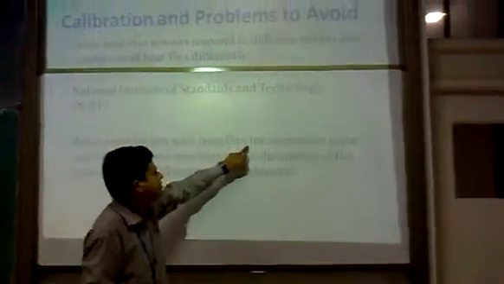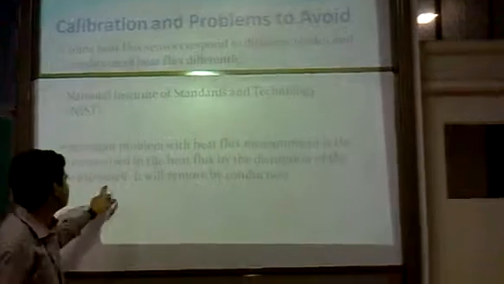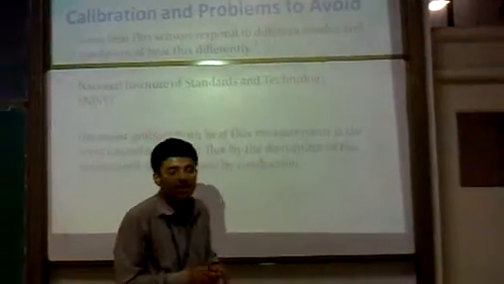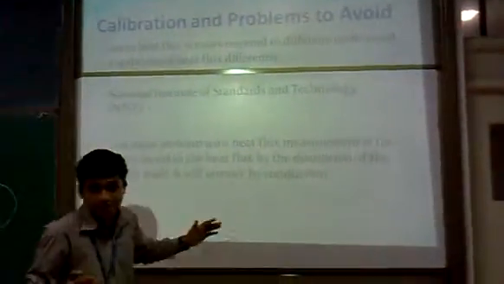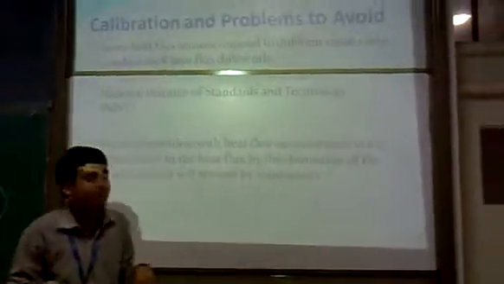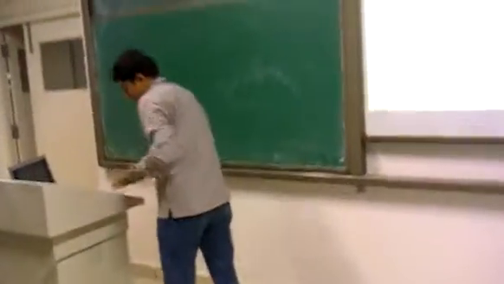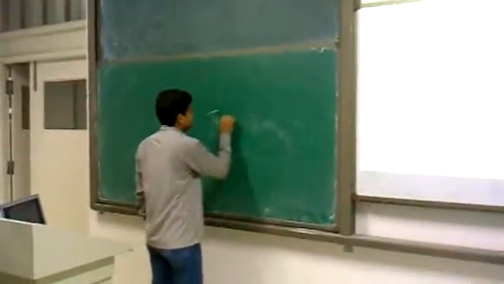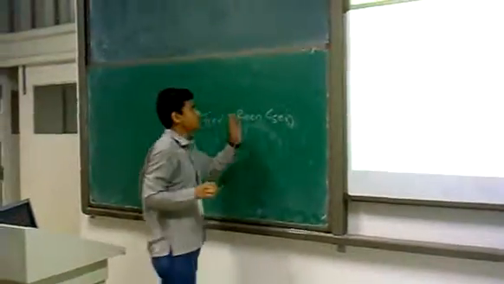The major problem with heat flux measurement is the error caused in the heat flux by disruption of the sensor itself. We know that the response time for a heat flux sensor is very small. Another thing, the thermal dependence also varies in a heat flux sensor. For that, it will be removed by conduction. As I told earlier, if we convert the heat flux sensor diagram into an electrical circuit, then we get T sen equals R sen times C sen, means resistance times capacitance.